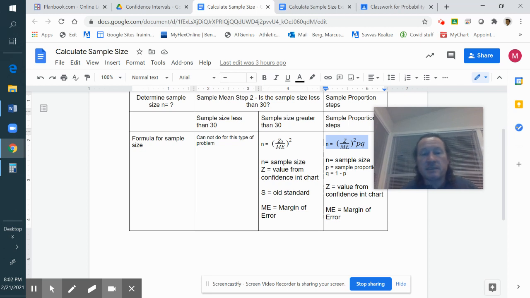If the sample size is less than 30, we usually use a t, but to pick a t, it depends on n, and we don't know n. So if the sample size is less than 30, we can't do this. So basically we're talking about anything using the z distribution for a sample size greater than 30.